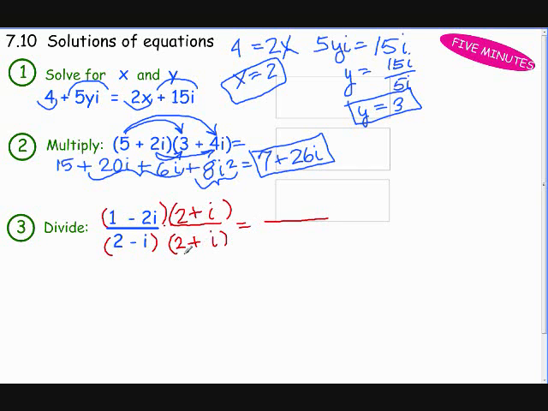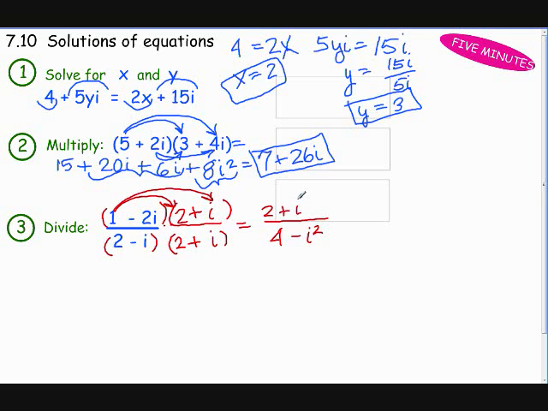Let's do the denominator first. Because we've got conjugates, we don't have to worry about middle terms. So it'll be 2 times 2, or 4, minus i squared. Then we'll have this one. We're going to have to do the whole thing, aren't we? We're going to do the first, which will be 2. The outside, which will be plus 1i.